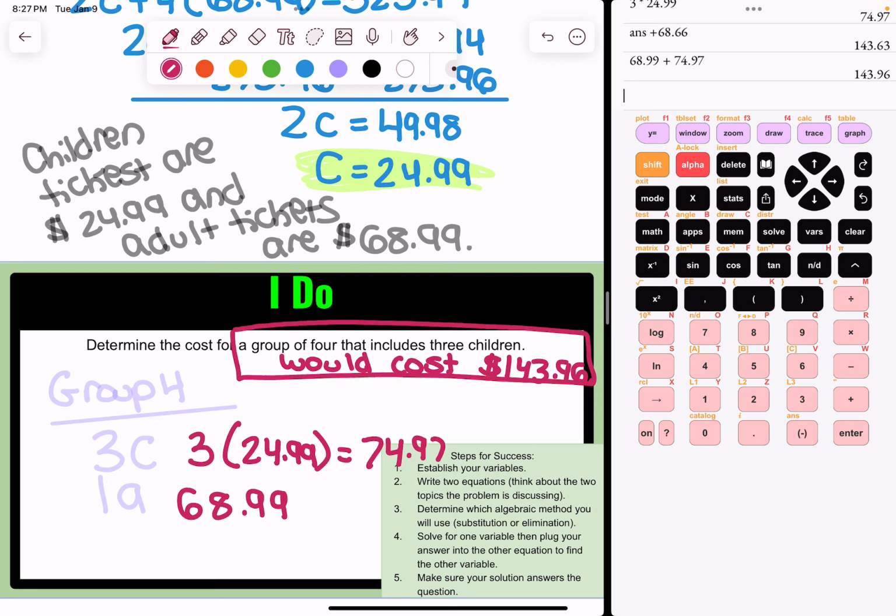A group of 4 that includes 3 children would cost $143.96 because of the 3 children plus the 1 adult. I just like to double check. Okay, good. All right. That's our first word problem. Let's look at a second one.